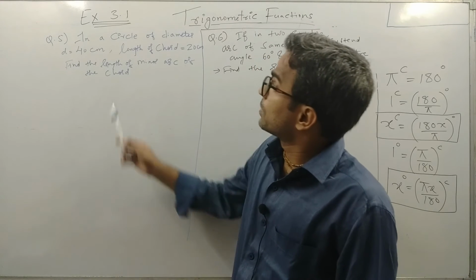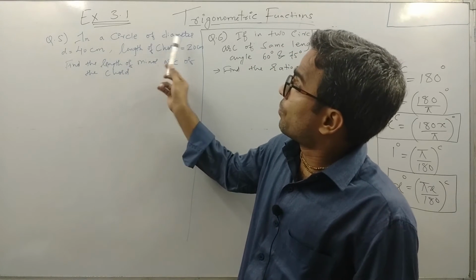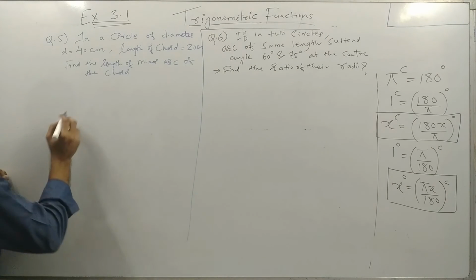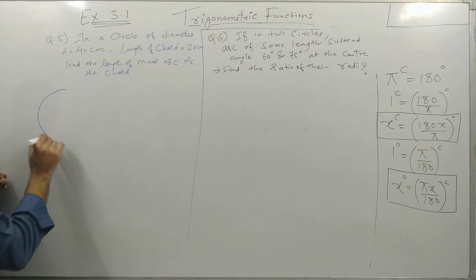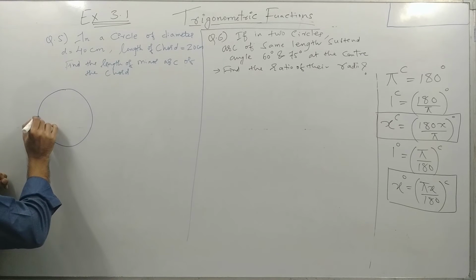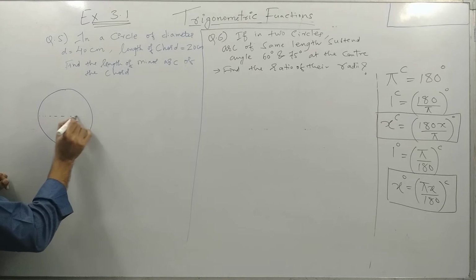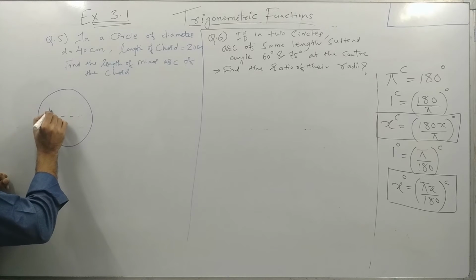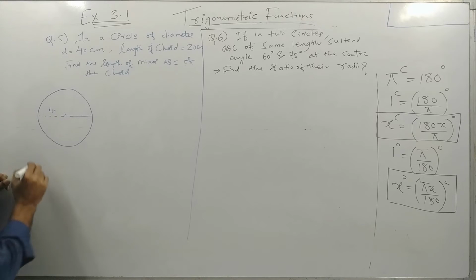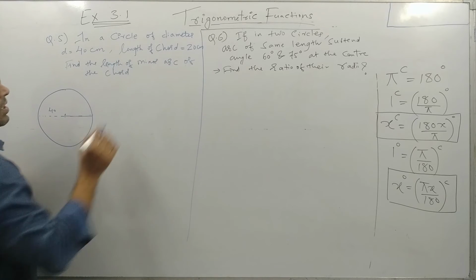What they have given is, there is a circle of diameter 40 centimeter, right? So if we draw, this is a circle, right? So the diameter is 40 centimeter. Obviously then radius becomes 20, right? So the length of the chord is 20 centimeter.